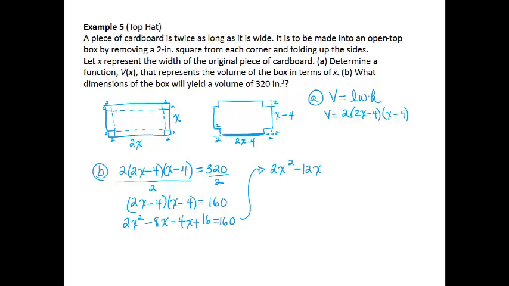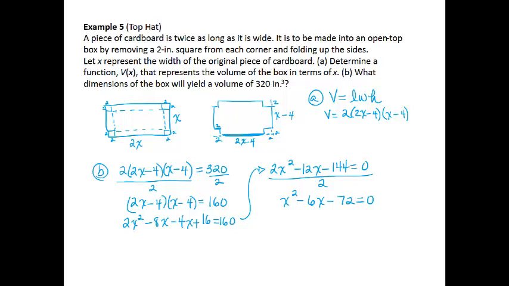And when we do that and combine like terms, we get minus 144 equals 0. You could solve this at this point by trying to factor or use the quadratic formula. One thing I would observe is that there's a common factor of 2, and if I divide out by 2, I get the equation x squared minus 6x minus 72 equals 0.